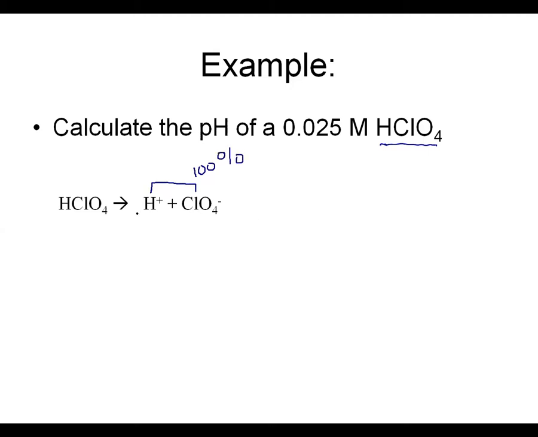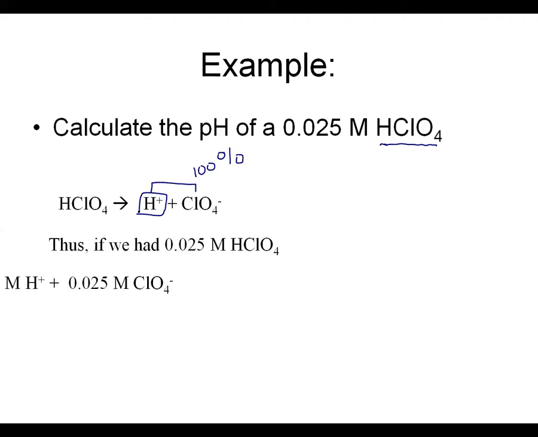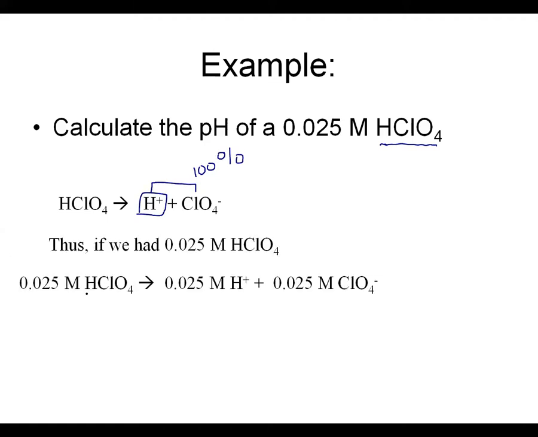And again, for the pH, the only really important guy here is the H plus concentration, which means if I know that the whole thing is 0.025 molar, again, as we talked about in solutions, it's a 1-to-1 relationship between the HClO4, the entire thing, and the H plus concentration, which means the concentration of the H plus will be exactly the same.